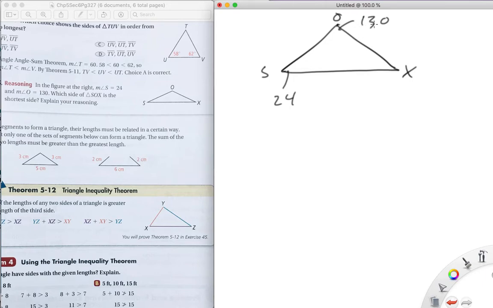So 180 minus 130 is 50. 50 minus 24 is 26. 26 plus 24 is 50. Yeah. So, which one is the shortest side? It's going to be side OX. And the reason why side OX is the smallest side is because it has the smallest angle of the three.